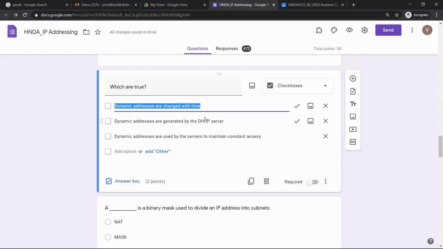You will have to insert the IP address into your computer, or else it will be automatically assigned. When you are connecting to the internet using your mobile devices, you usually do not set an IP address.